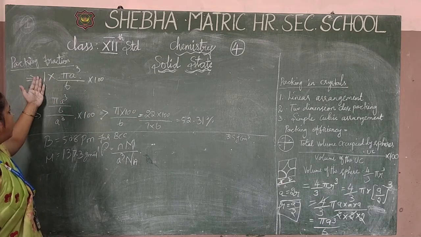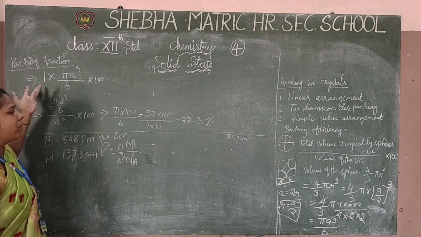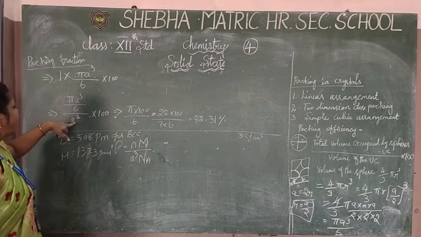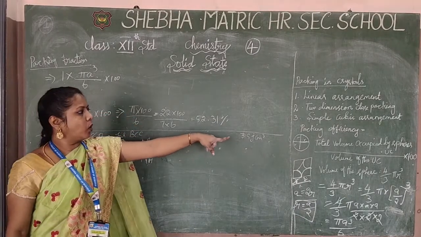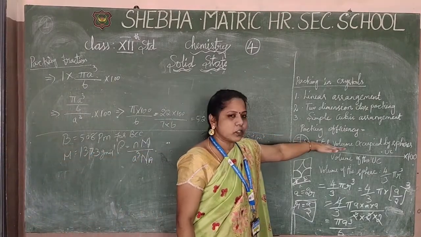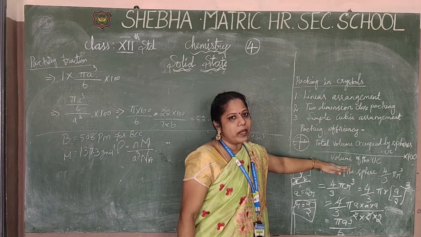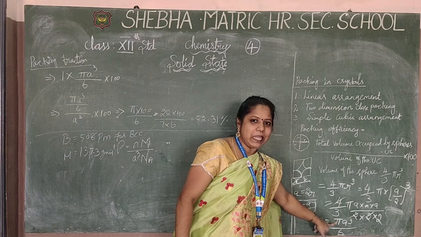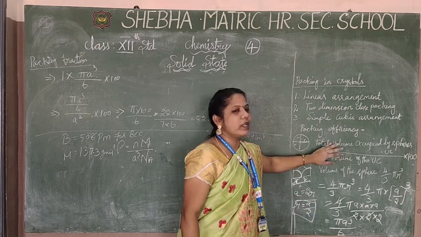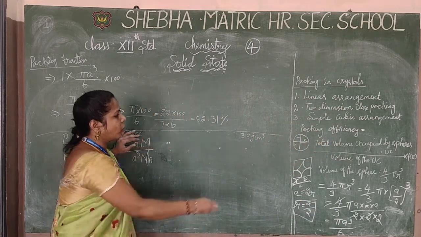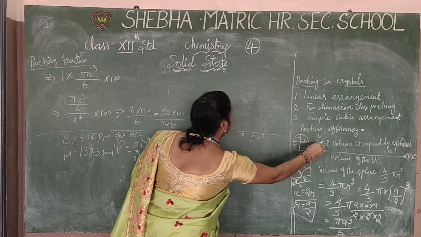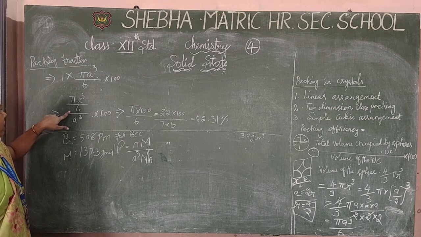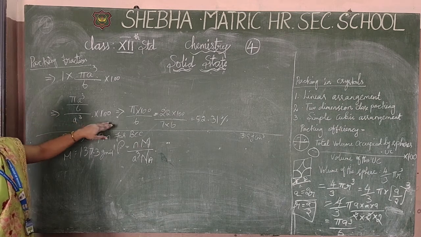Obviously into 1 you get the same number, pi a cube by 6. Then go to the previous formula: total volume occupied by the spheres by the volume of the unit cell. The occupied volume is pi a cube by 6, and the volume of the unit cell is a cube. So I implement this formula: pi a cube by 6 by a cube into 100.